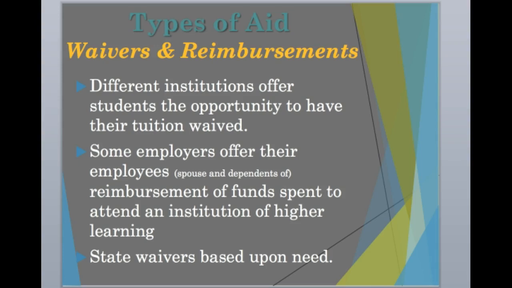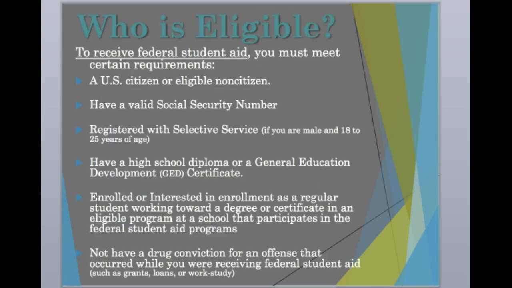So you can look into that with the state of Florida if you're interested in those programs. And then there are also state waivers based upon need as well. As I previously discussed, for example, in Florida, we have tuition waivers for students who were adopted from the Florida foster care system.